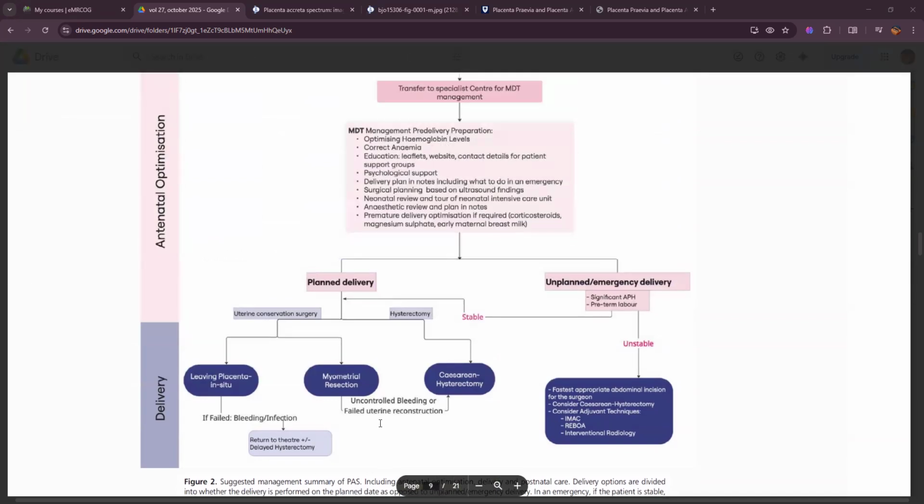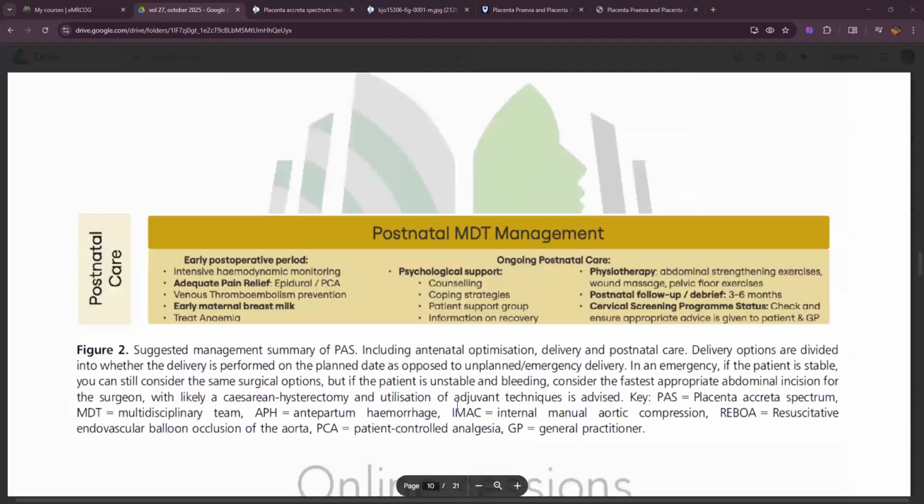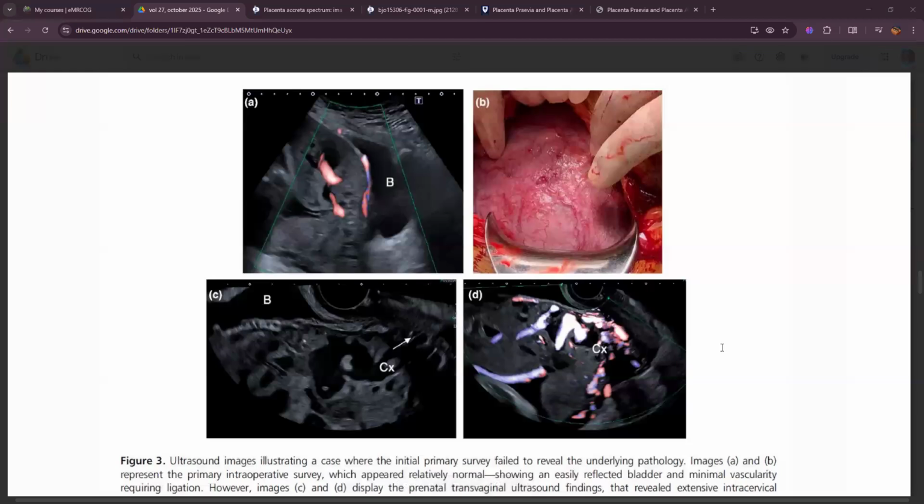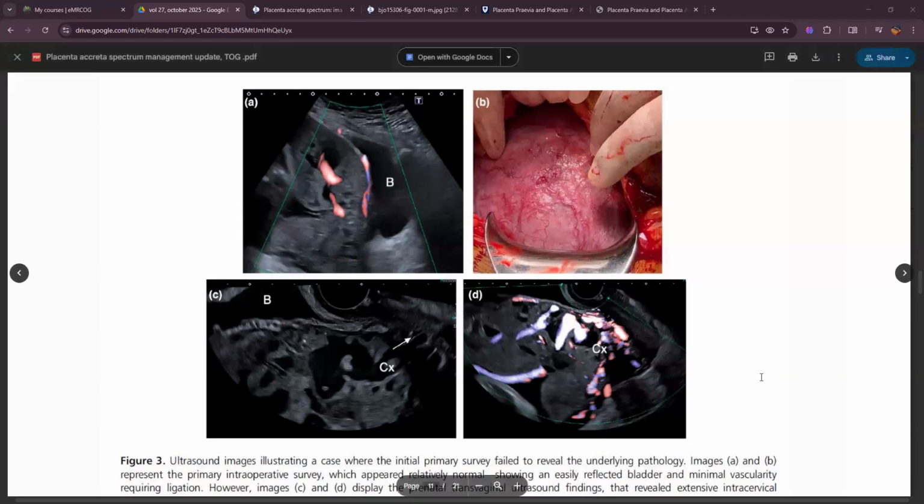If there is uncontrolled bleeding or failed uterine reconstruction, we are going for the hysterectomy. They also talked about the postnatal NDT. Okay, we mentioned it. This is how it looks. By the way, this can appear in the exam also. Why not? Any picture can appear in the exam, guys.